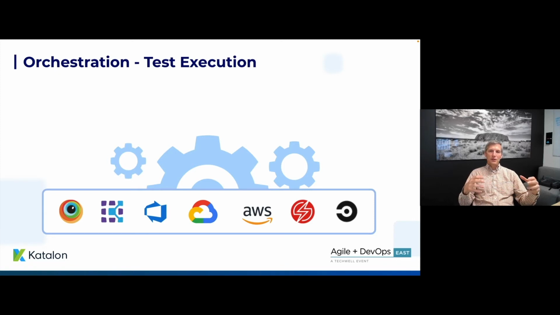And your test execution capability connects your test environment to these execution environments, whether they be, you can see in the icons here, BrowserStack or Sauce Labs or Google Cloud, AWS, Azure, our partners at Katalon for device testing, or Circle CI for more simple development pipeline testing. All of these are capabilities that you may have connected to your environment, but that you need to be able to associate with tests based on the requirements of those tests.